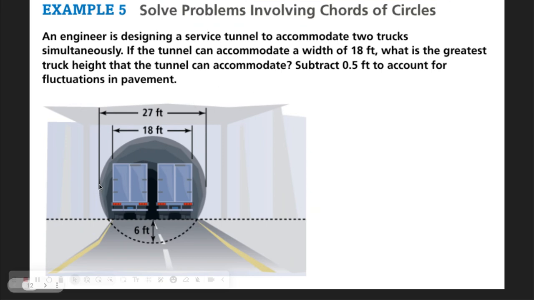What's the diameter of this circle? 27. So that's going to be important. What's the radius? Of course, they had to give us an odd number. So what's half of 27? 13.5. All right, so the diameter is 27. Thank you, Hallie. The radius is 13.5. We're dealing with feet.